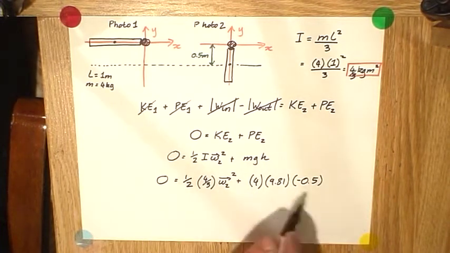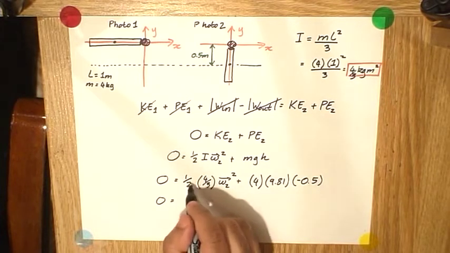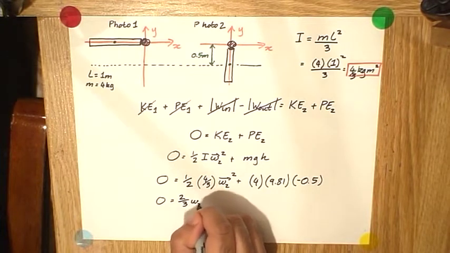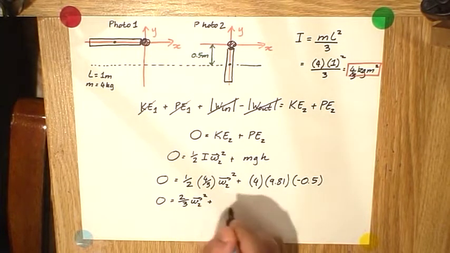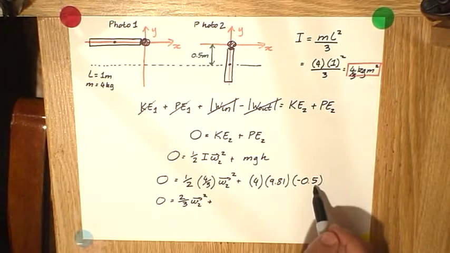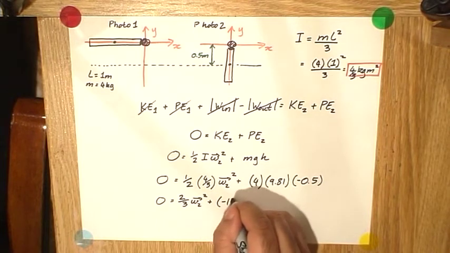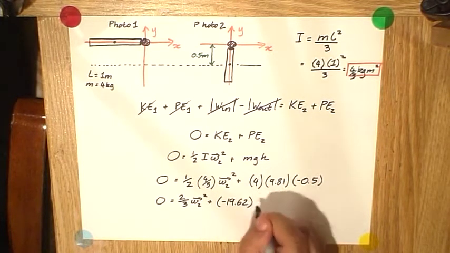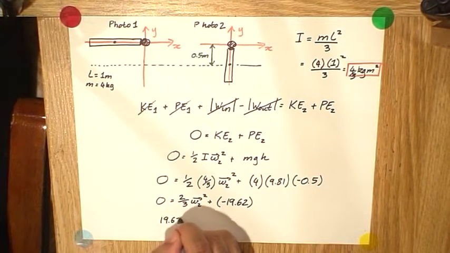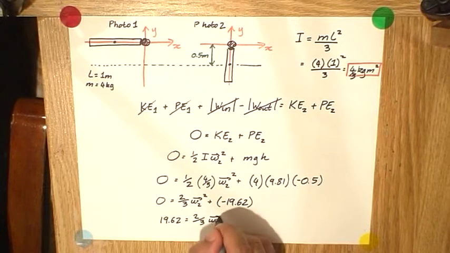Now, let us simplify all of this. 0 is equal to 1/2 of 4/3 gives us 2/3 of omega 2 squared plus 4 times negative 0.5 gives us negative 2, multiplied by 9.81 gives us negative 19.62. Moving this over to the other side, we get 19.62 is equal to 2/3 omega 2 squared.